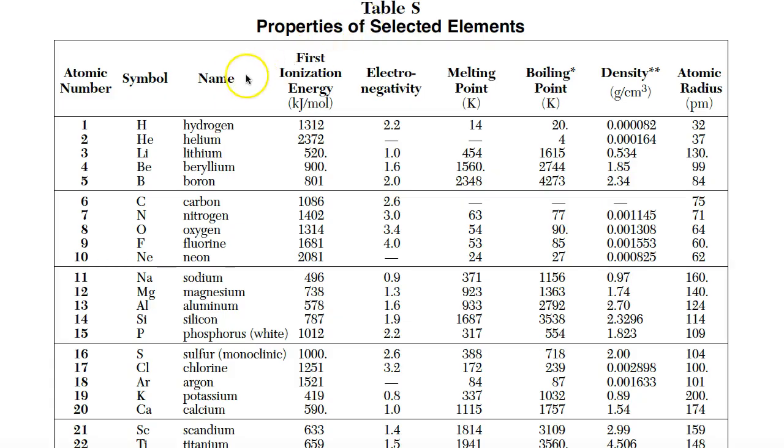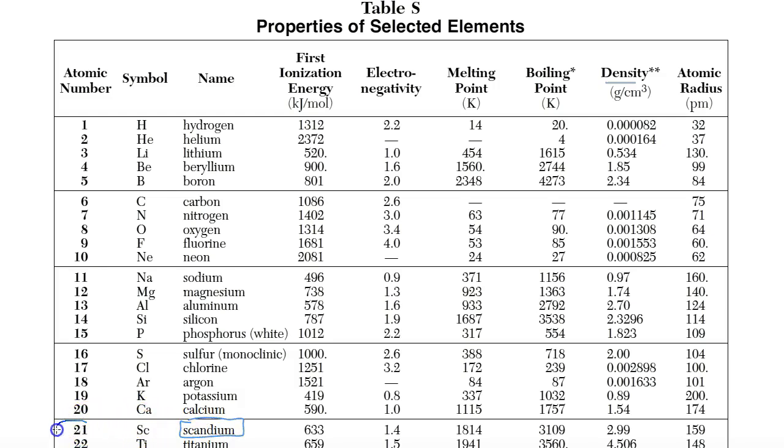Table S gives you a bunch of different things: electronegativity, melting point, boiling point, density, atomic radius, first ionization energy. But in this case, we just need the symbol for scandium. I go look, and there I find my scandium, scandalous, right? It's Sc, atomic number 21.